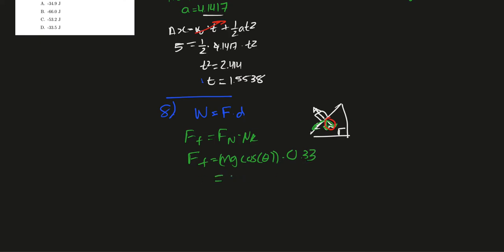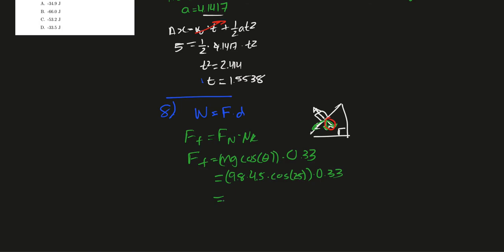Let's just plug in all the variables that we know. So this is going to be 9.8 times 4.5 times cosine of 25 times 0.33.